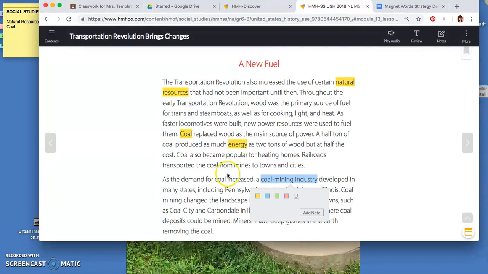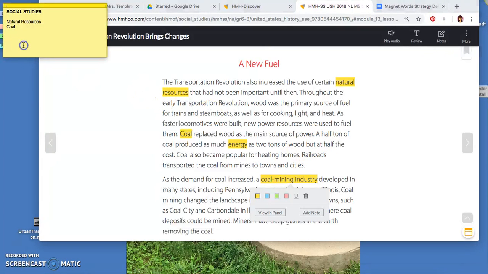And I think I'm going to highlight the phrase coal mining industry. Let me put those on my Post-it note. I'm just using the sticky on the computer so I don't have to switch back and forth when I go to my notes document. Okay.